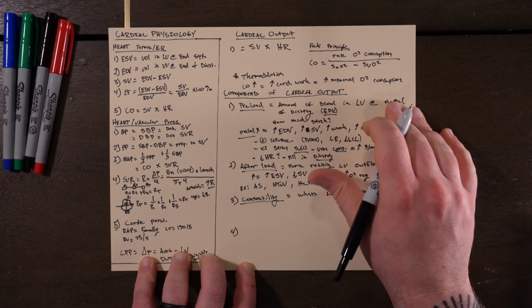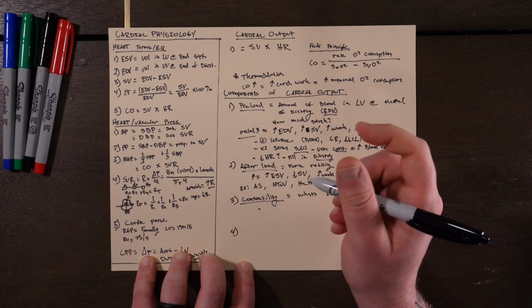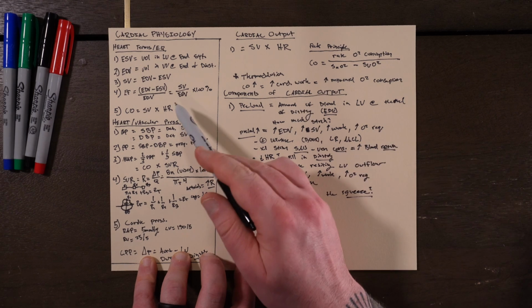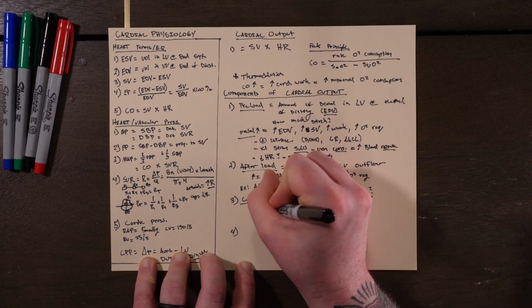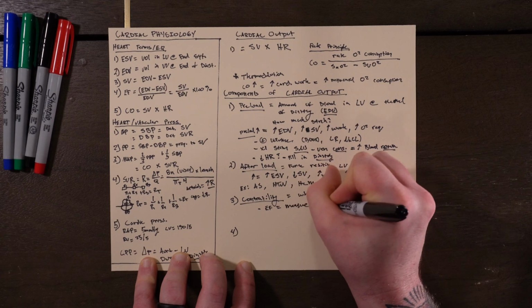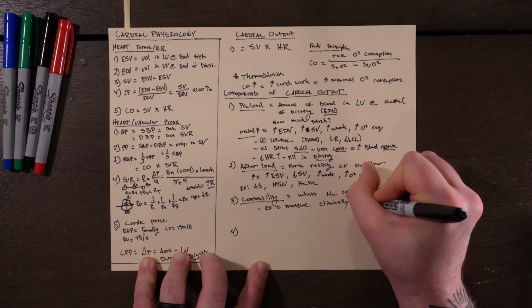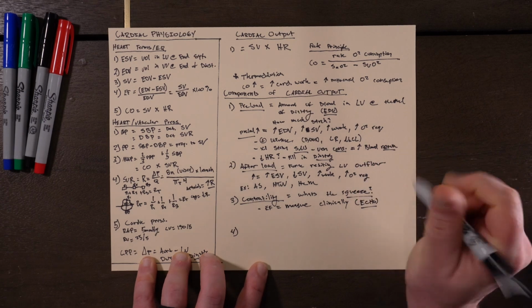What's the squeeze, right? So you're going to have your ejection fraction, right? We talked about the ejection fraction here. So our ejection fraction is its measure clinically. And you get that by getting an echo. Okay?